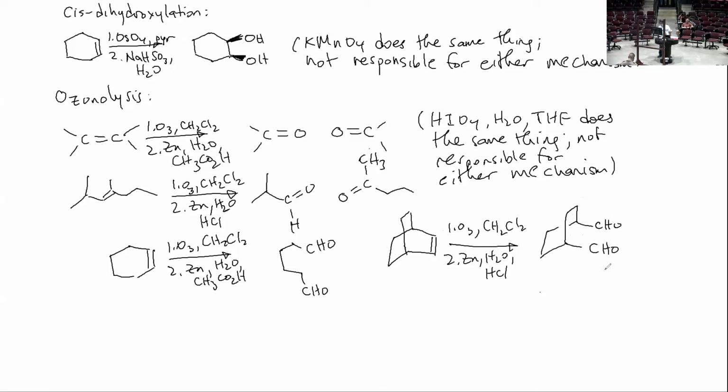CHO, that's fine. There's nothing wrong with that. But you can also draw it. Can you see the 6-membered ring here? 1, 2, 3, 4, 5, 6. And so it's carbons 1 and 4 that the 2 aldehyde groups will be attached to.